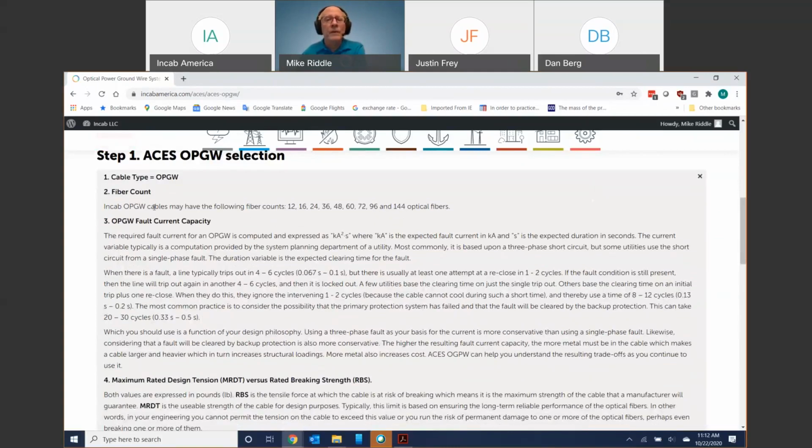So the fiber counts is basically common fiber counts. We're constantly working on this program and improving it. And the next obvious step is to go up to beyond 144 fibers. But right now, it just goes up to 144, which is still pretty good.